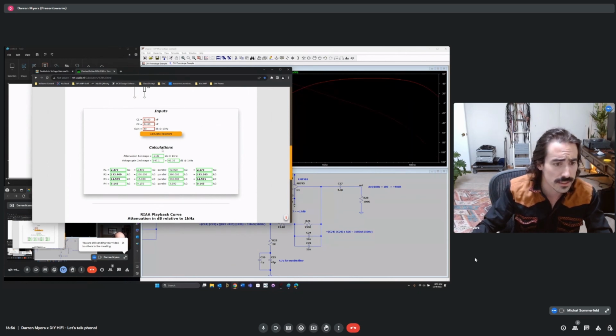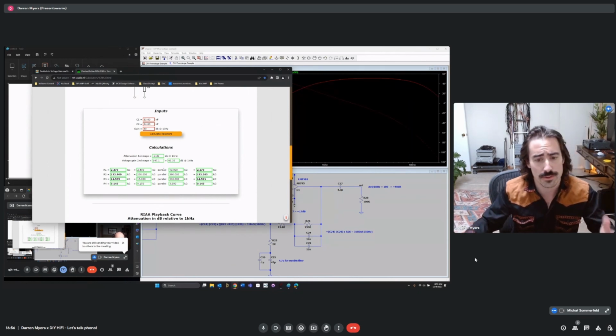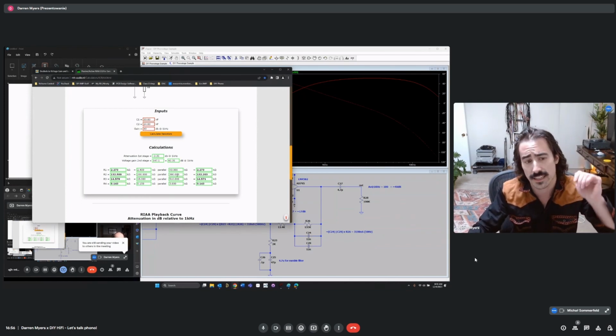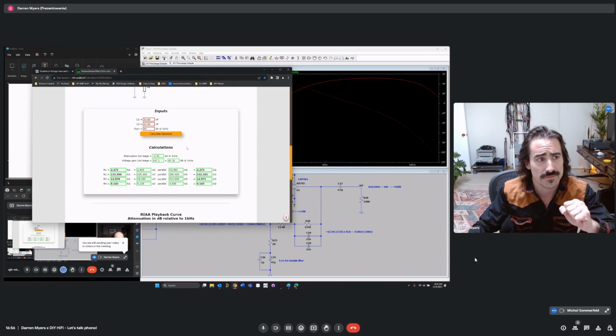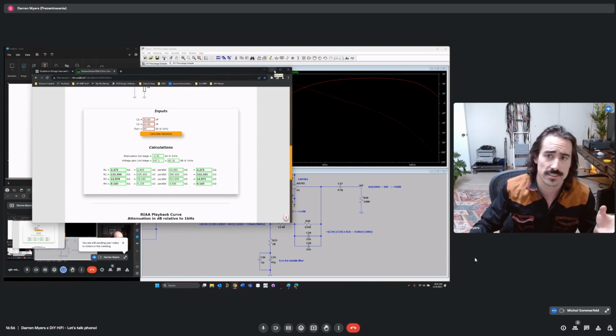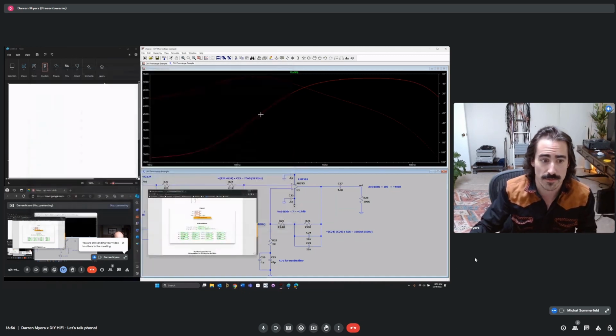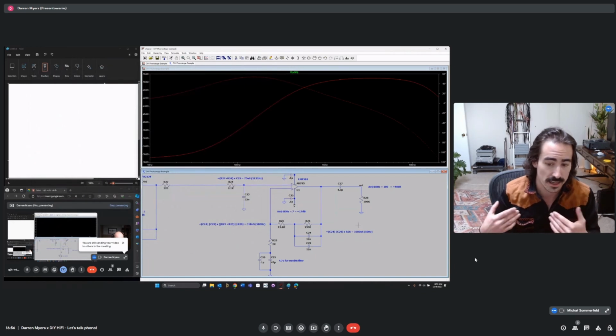So it will do this for you and give you the ballpark stuff to start working with. You can then simulate this and see how it works. Again, the amplifiers and the specifications of the open loop gain and the parasitics around the amplifier will change this slightly. And that is one of the reasons why my values differ.